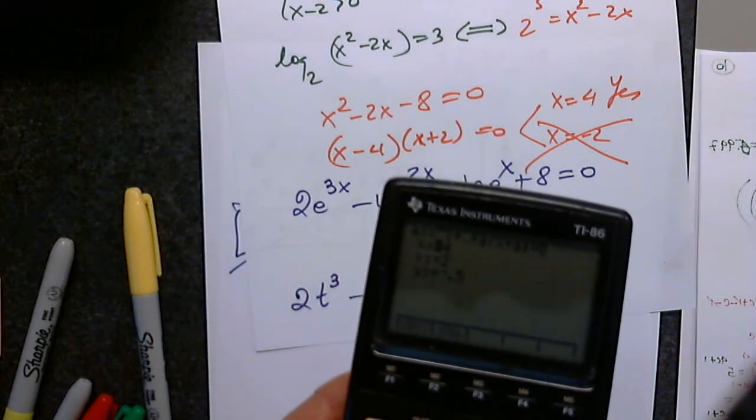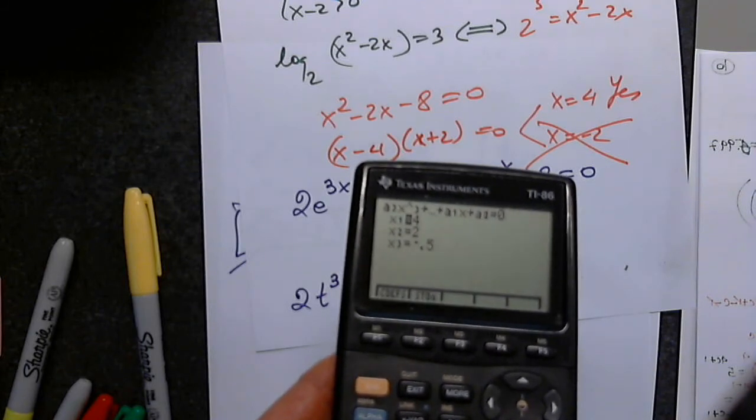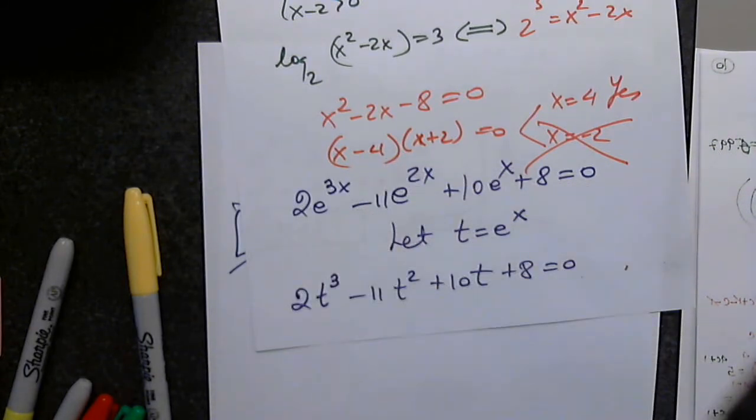Well, that's nice. And I get 4, 2, and -0.5. But I don't understand why they did not transfer this feature to all the other calculators. Very good. Anything else?